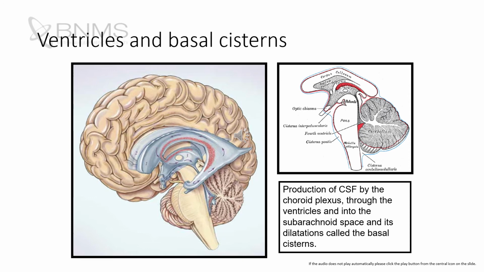The slit-like third ventricle is going to drain via an aqueduct into the fourth ventricle, positioned between the pons and the cerebellum. And then the CSF is going to drain via the foramen of Luschka into a network of basal cisterns.